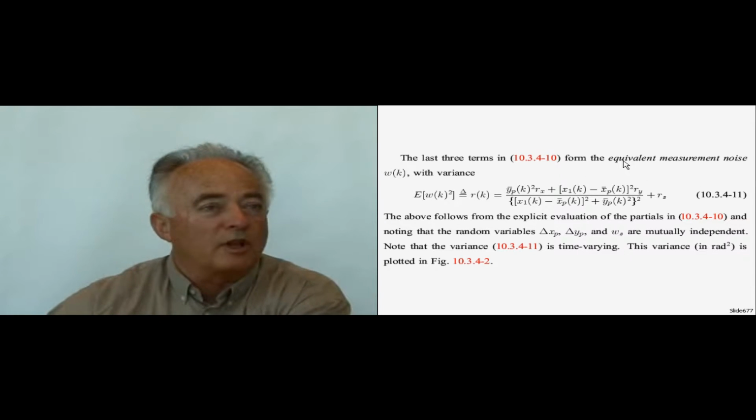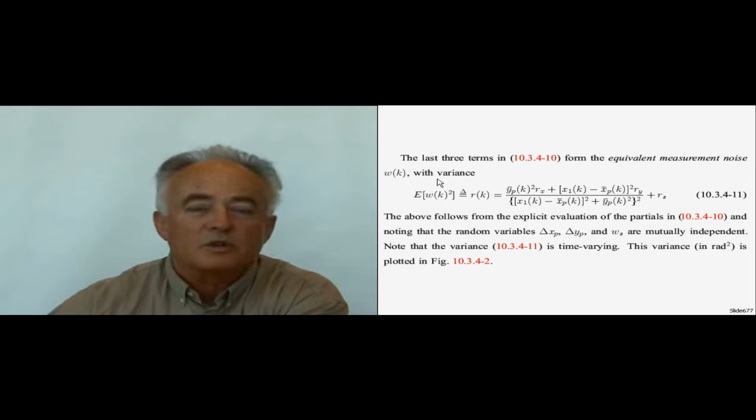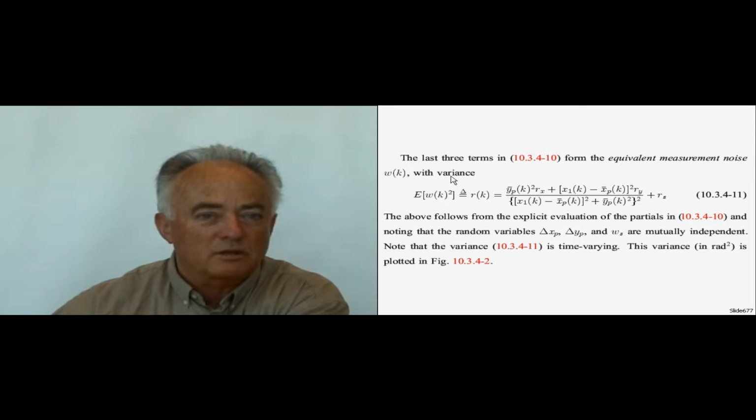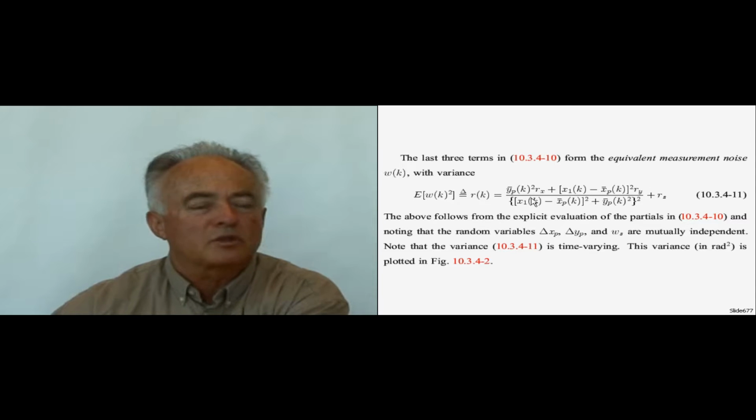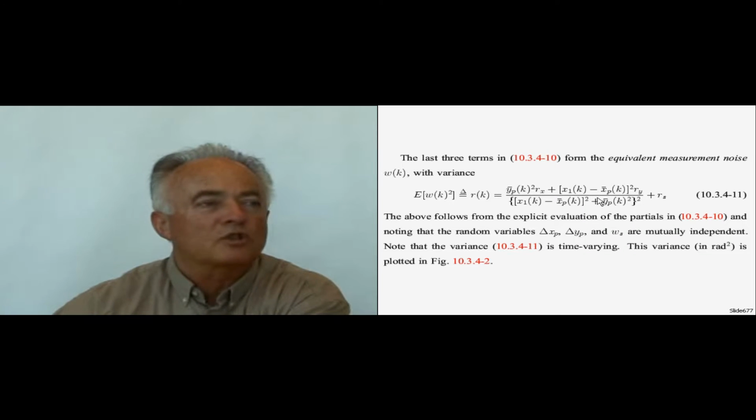So, what about this equivalent measurement noise wk? What is the statistical characterization? Based on our assumptions, wk will be zero mean, and we can calculate its variance, E[wk squared], and denote it as R of k. Using those expressions, a fairly simple evaluation of those partial derivatives yields a term that has the Rx, the platform x location uncertainty variance, and the Ry, the platform y position uncertainty variance, plus the sensor measurement noise variance.